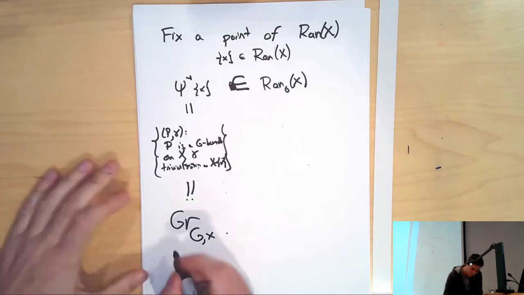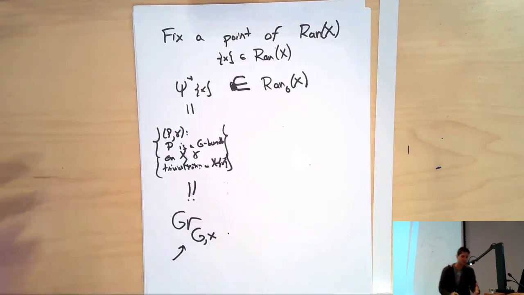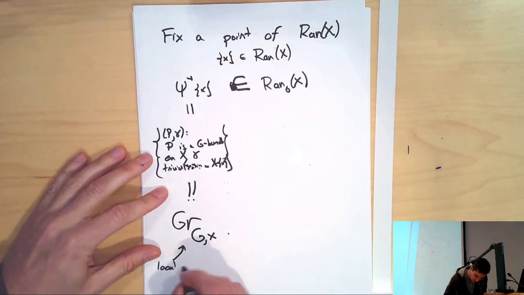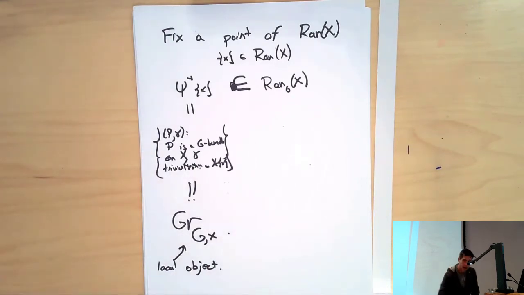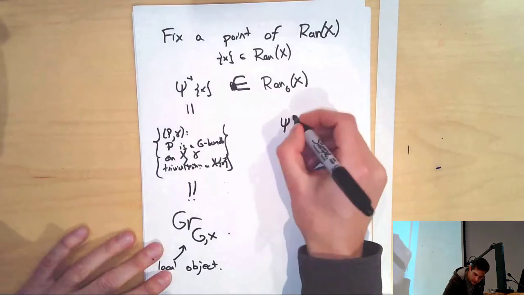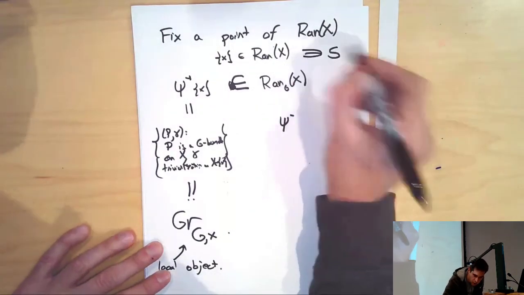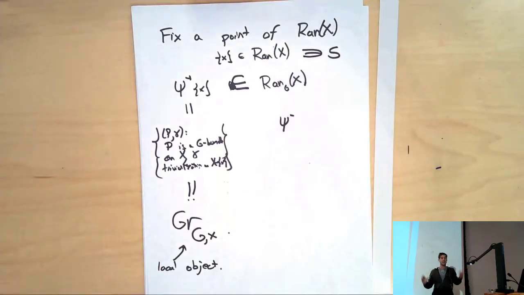And the essential point here is that this really depends only on the local behavior of the group G near that point x. It doesn't depend on the global structure of the curve X or the global structure of the group scheme G. So this is, let's just say, a local object. Now, what would happen if you took another point of Ran X, which really corresponded to a finite subset of your curve?